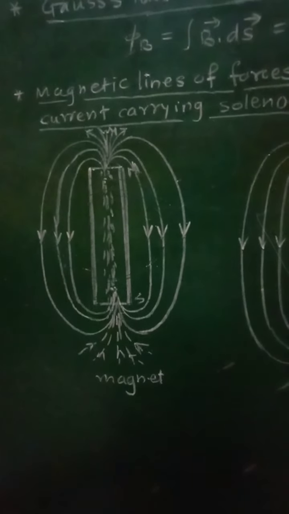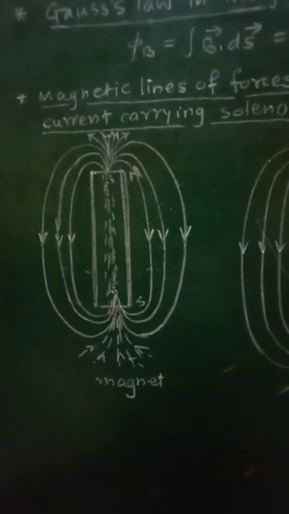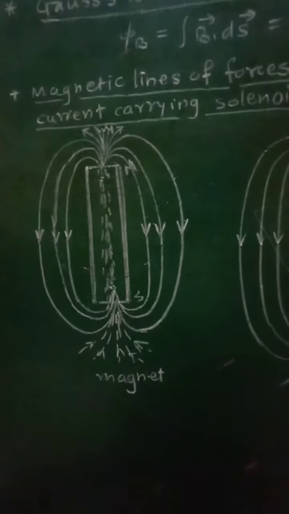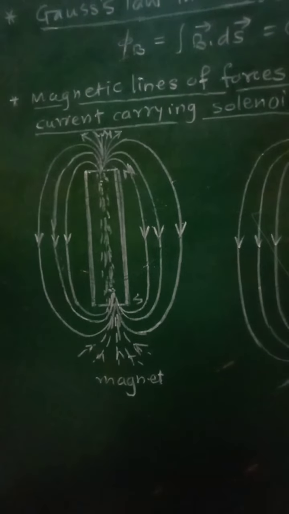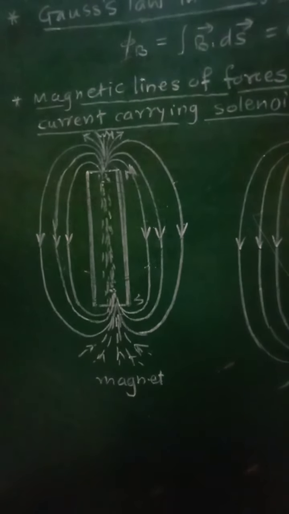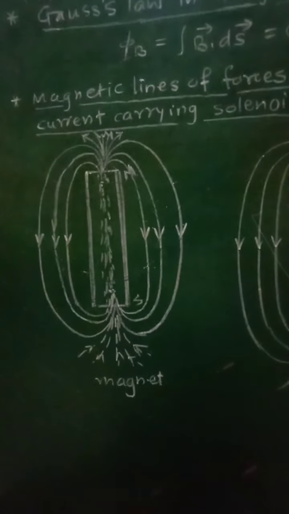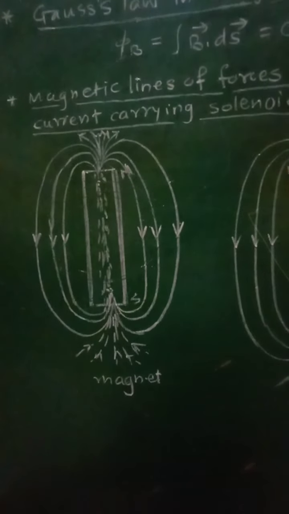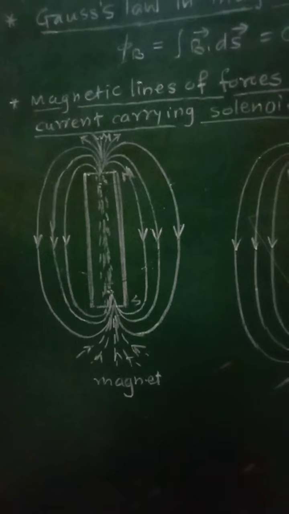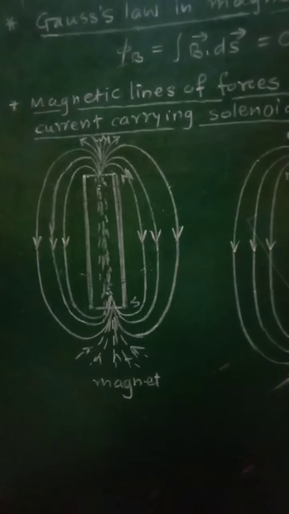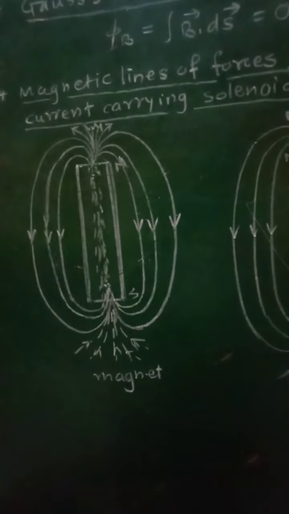And therefore, the Gaussian surface does not include the poles of the magnet, that is, the total magnetic flux associated with any closed surface will be equal to 0.